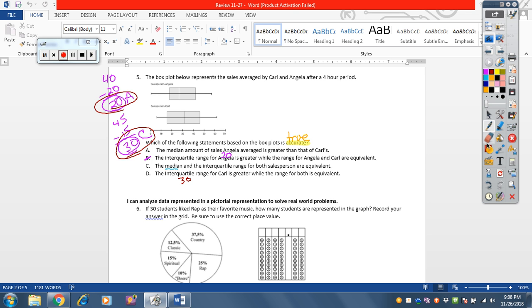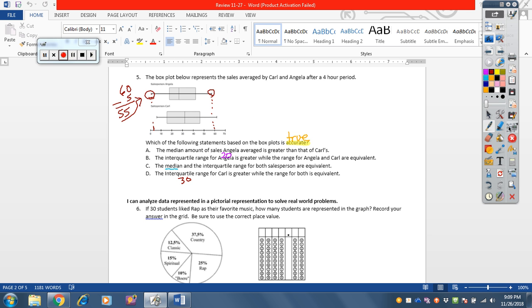Now you're going to need to find the ranges. So remember, range is your biggest number minus your smallest number. So our greatest number here looks like 60. And our smallest number looks like either 0 or maybe 5. That's for Angela.